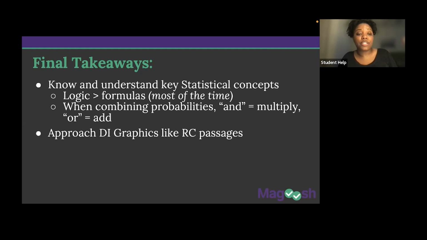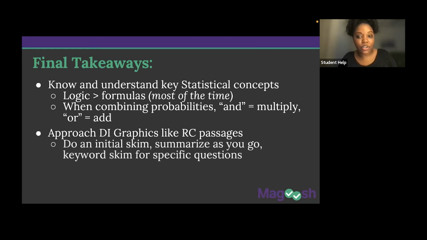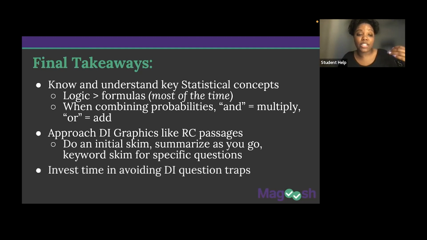And approach your data interpretation graphics like you do your RC passages. You mark them up, you interpret it, do your skim, summarize as you go, and then skim for those keywords in the specific questions. And invest time in avoiding those question traps, things that try to trick you up, like that whole percent of French thing, 21%.